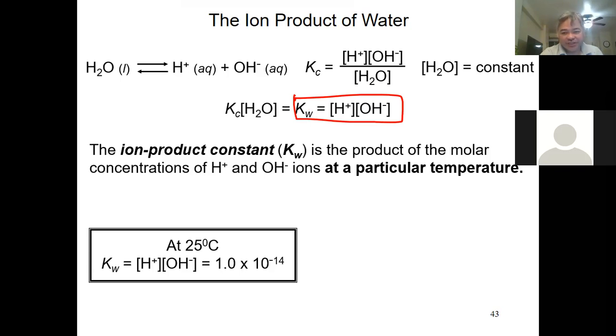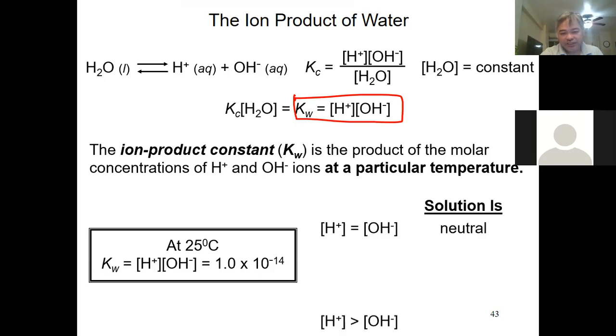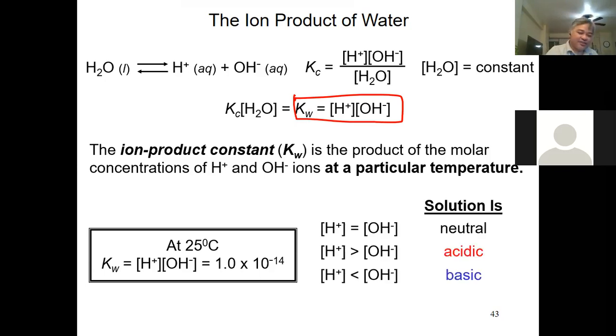Now, whatever is the amount of your H plus with respect to hydroxide, your Kw will always be 1.0 times 10 to the negative 14 at 25 degrees Celsius. So whether pareho sila, yung isa lamang sa isa, ang product niya ay ito. But this is at 25 degrees Celsius.